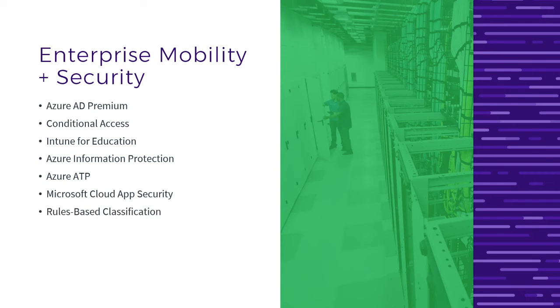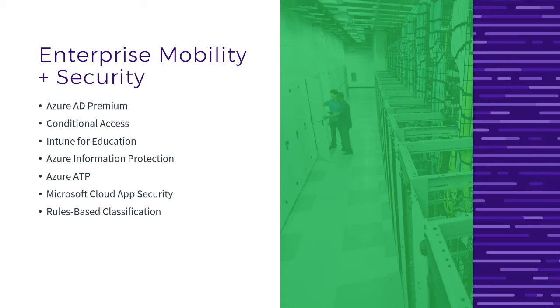The last function is more of an advanced function of the Azure Information Protection. So it's rules-based classification. You're going to take those Azure Information Protection policies that you have set up to protect the documents that your organization is going to share. Instead of having it manually done, it's going to be done in an automated fashion based on characteristics or how the file is tagged.